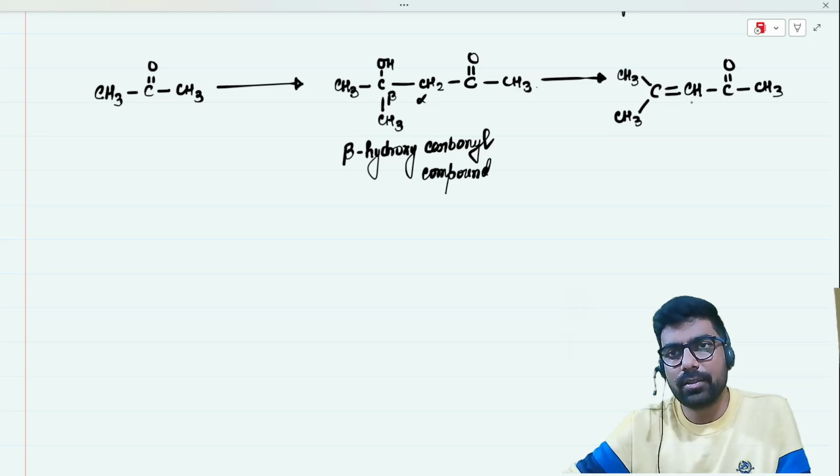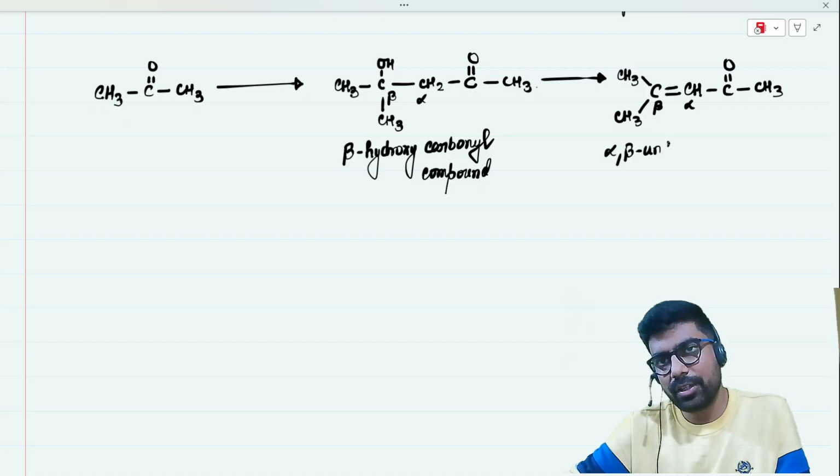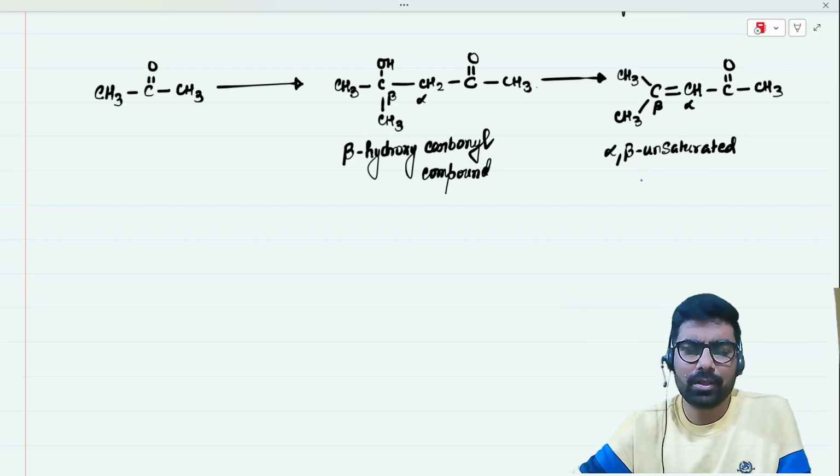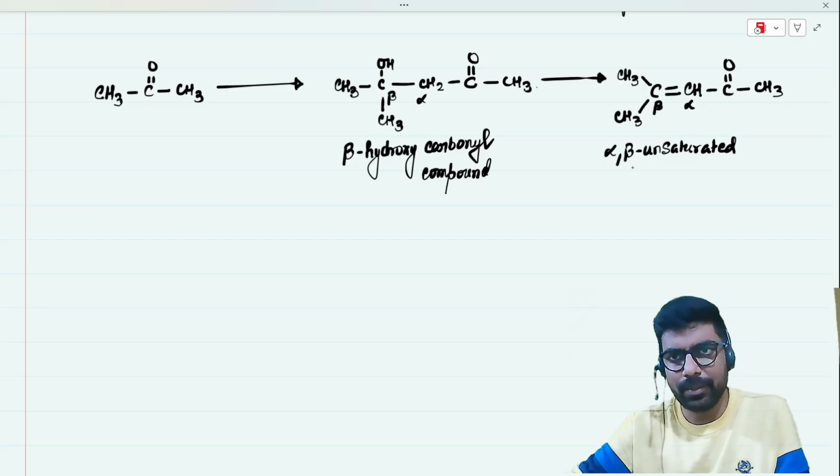And in this one, this is my alpha carbon, this is my beta carbon, this is alpha beta unsaturated. Unsaturation means a double bond, or triple bond, therefore we call it the unsaturated part. Over here a double bond is forming, so alpha beta unsaturated carbonyl compound.